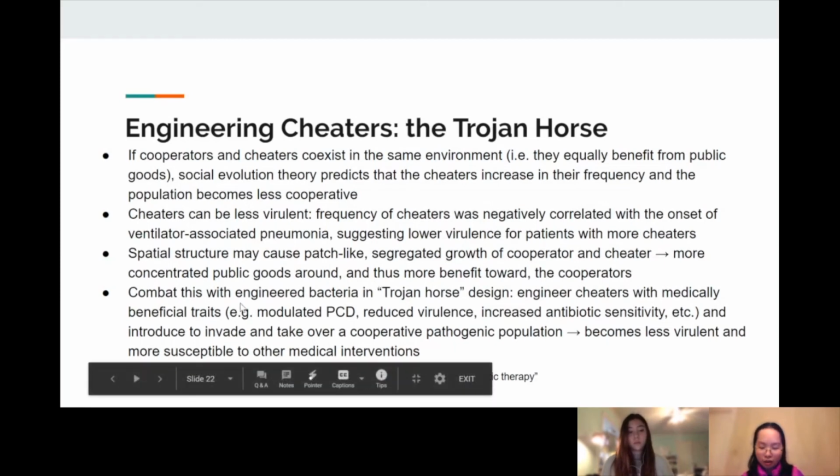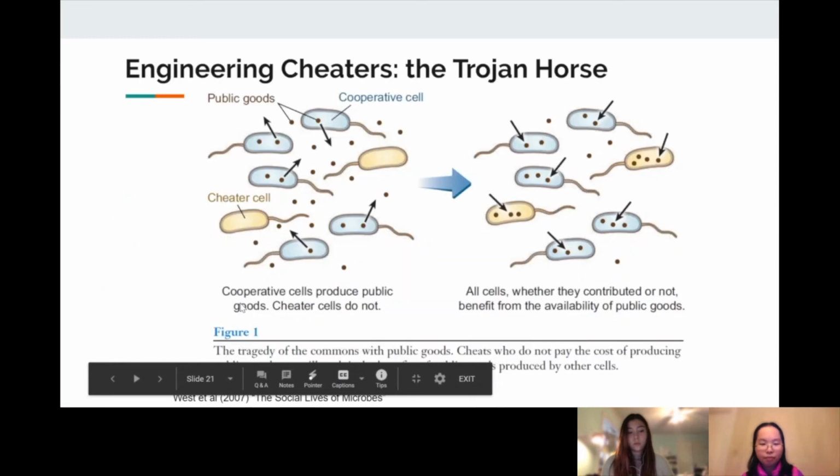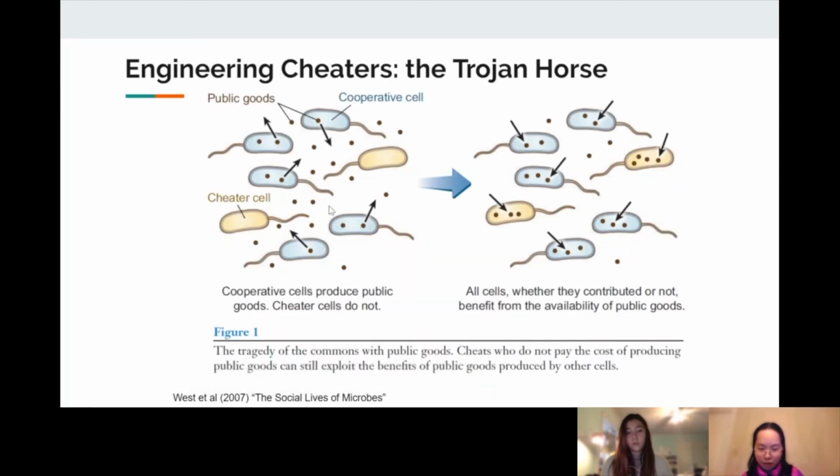Now, you engineer a cheater into the population. You increase the stress. The cooperative cells start dying and releasing these public goods in an attempt to save the species. Eventually, only the cheater cells are left, but the cheater cells are ones that you engineered, so the cheater cells are ones that you know how to kill.